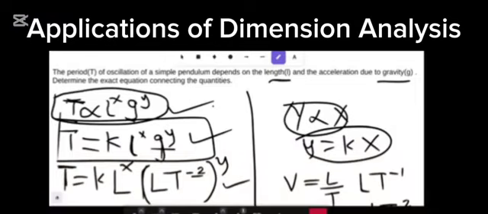We can know the dimension of a physical quantity if we know the unit. If you don't know the definition of a quantity, but you know the unit, period is measured in seconds. Anything that can be measured in seconds must have the dimension for time, because time is fundamentally measured in seconds.